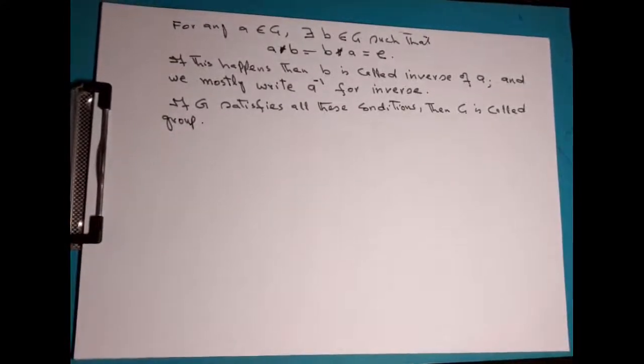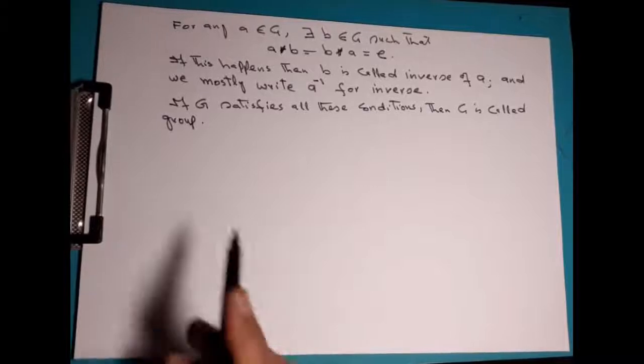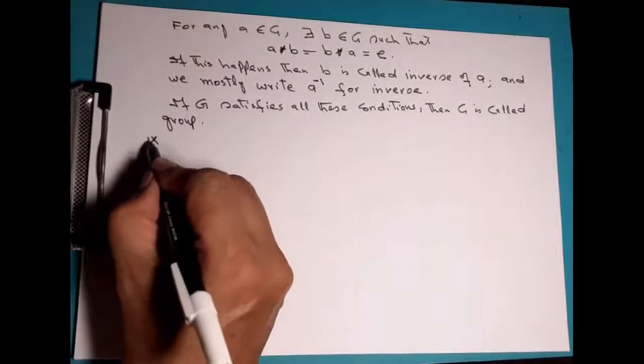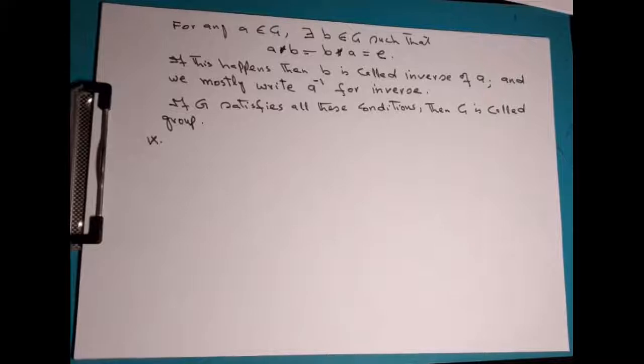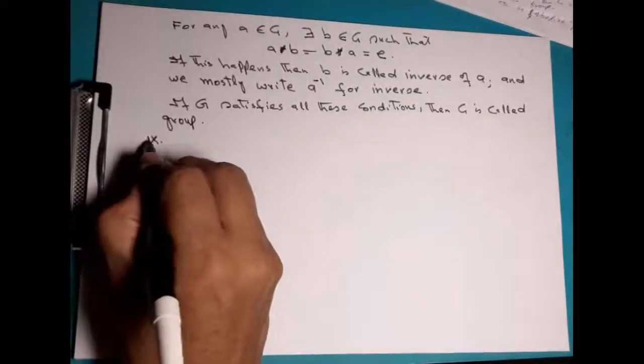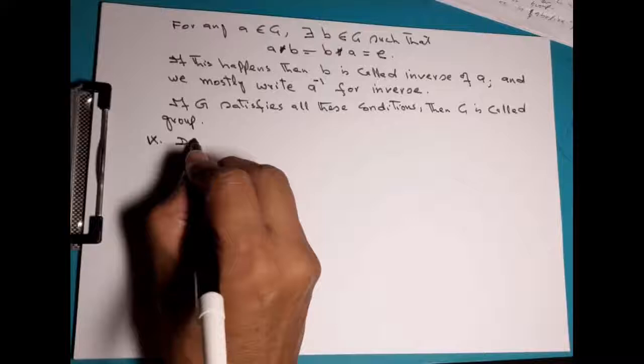Let's have another definition, and that is about abelian group. You know that if the binary operation is commutative, then the group is called an abelian group.